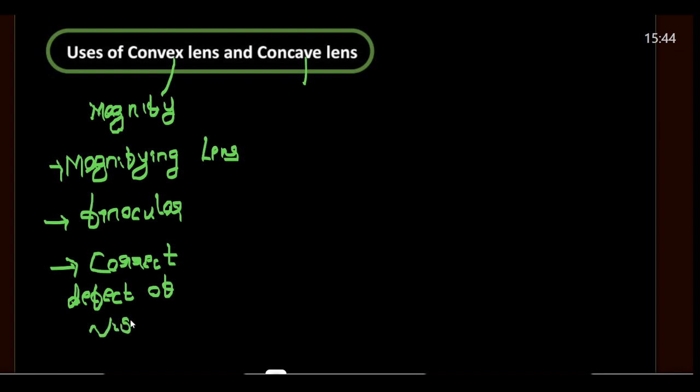Fine. So these are the uses of convex lens and concave lens. What does a concave lens give? It always gives the diminished image, right? So we generally use it to get the diminished image of the object.